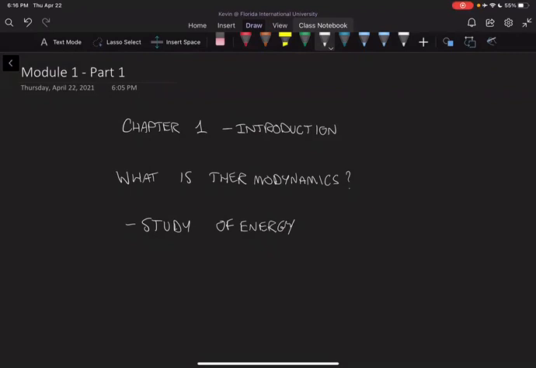So what happens to energy when things transform? We're going to look at energy and its transformations, as well as its relations to the properties of matter.